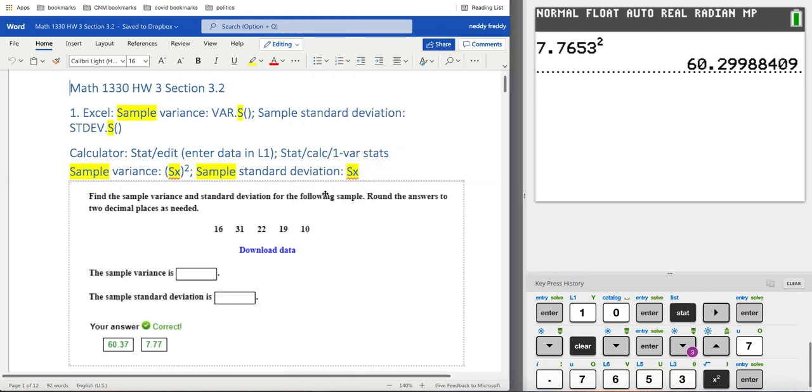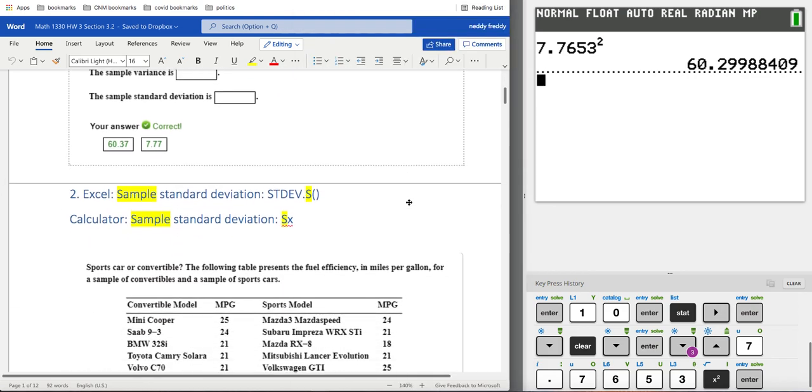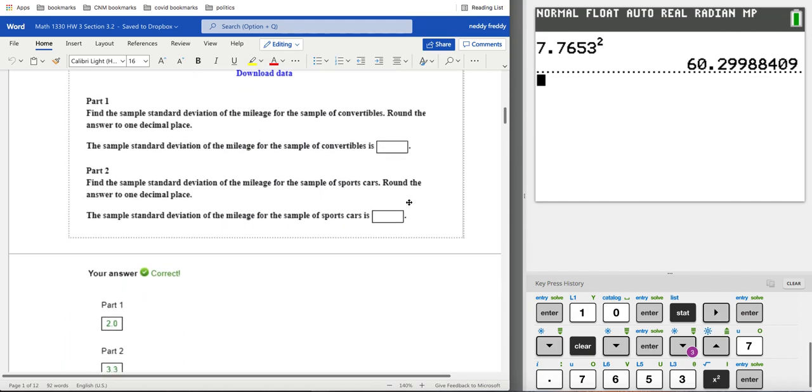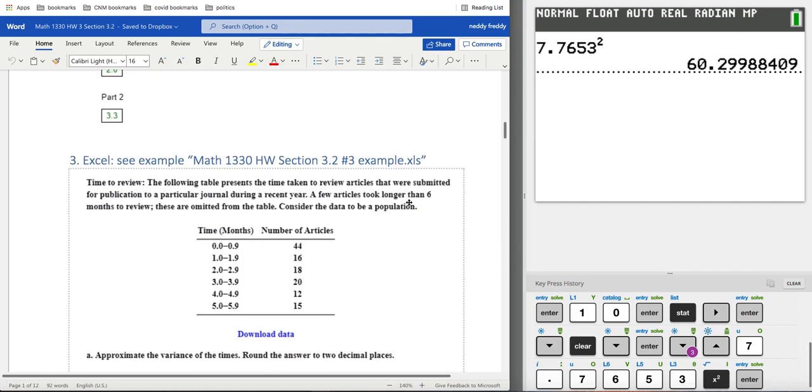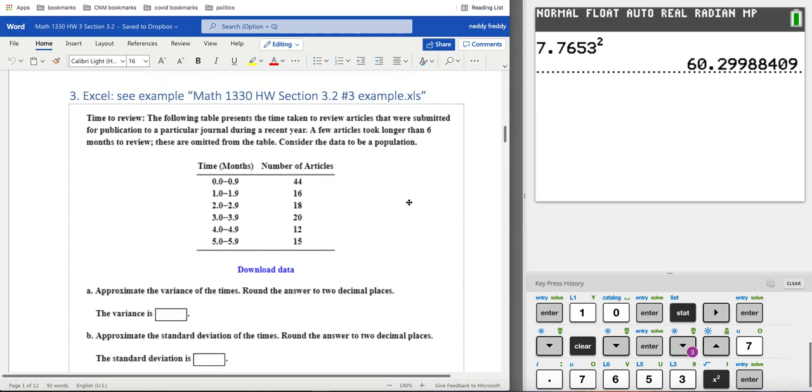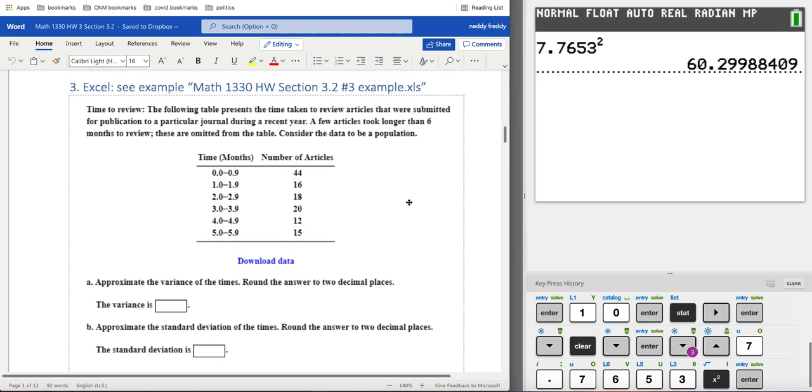There's one other type of problem, and it's really similar, but it's grouped data. And so the process for this is a little bit different, and you have to use two of the lists. So this is where they've got data grouped. In this case, it's the number of articles and how long it took to review them.